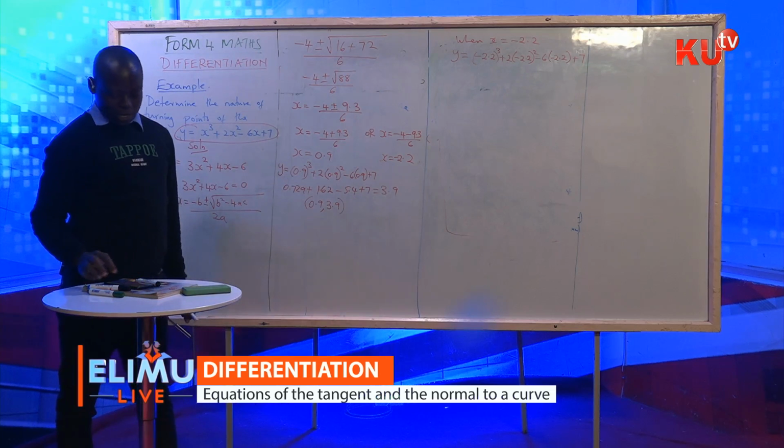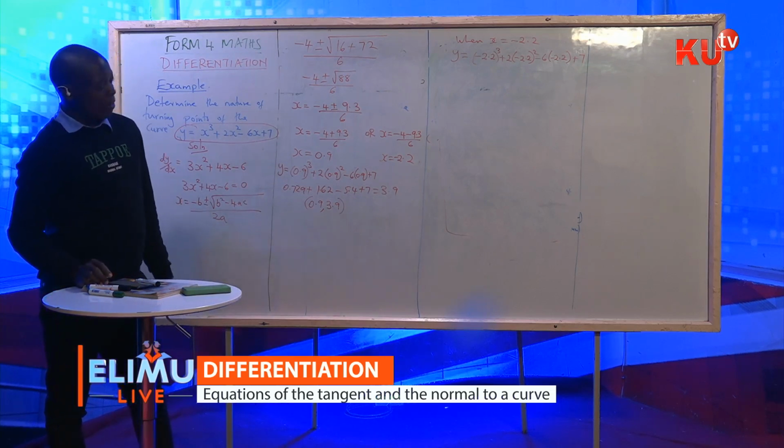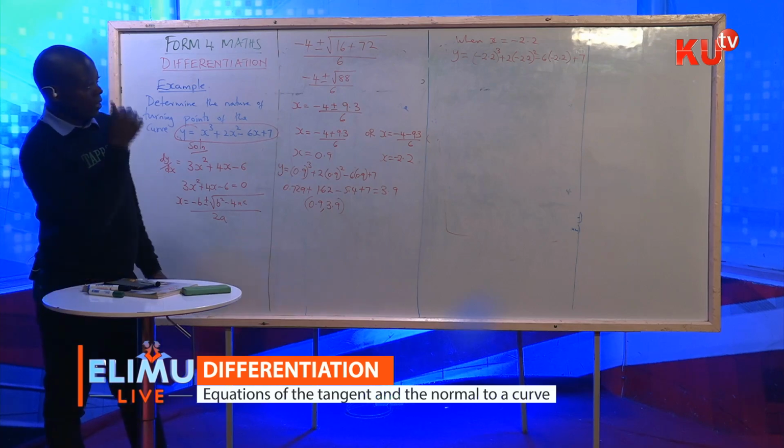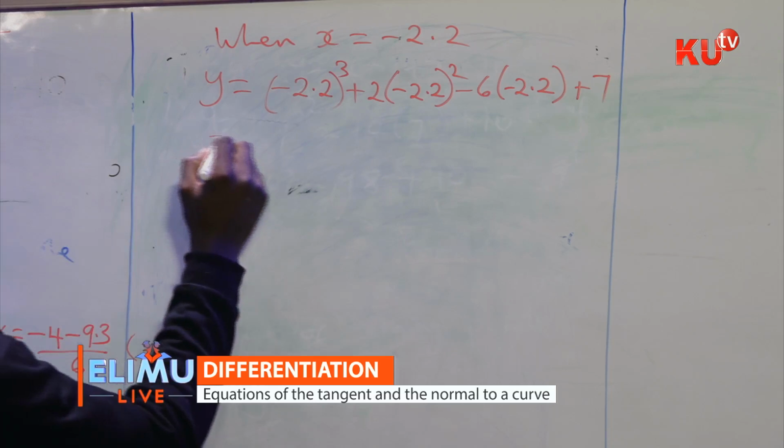So again, let's do the substitution. 2.2 cubed gives us 10.648.